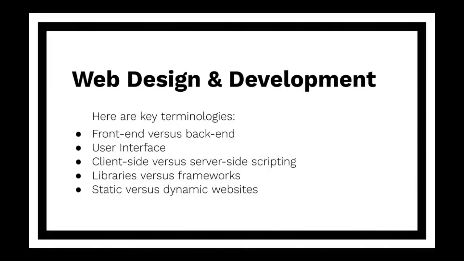So what are the key terminologies that you need to familiarize yourself with? So the first one is front end and back end. So whatever you design using HTML and CSS is the front end of the application. On the back end, you have something called a server where you can build APIs.